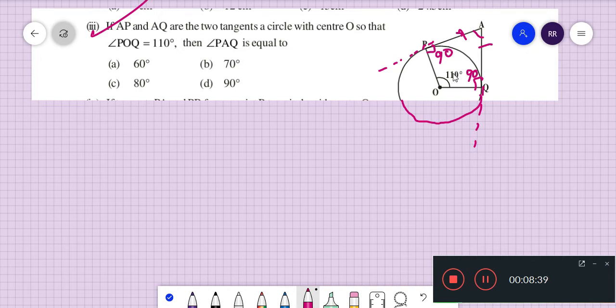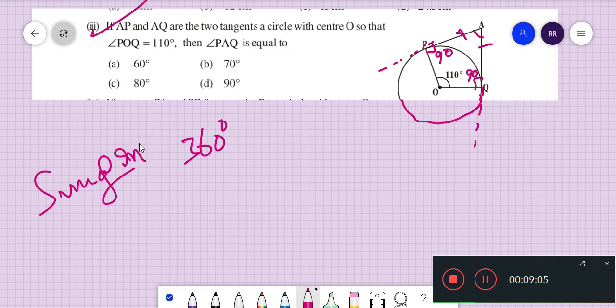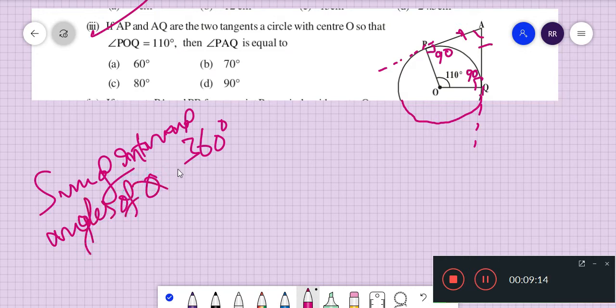So this is the quadrilateral. These are the 3 internal angles. So what is the other angle? In any quadrilateral, the sum of internal angles is equal to how much? The sum of internal angles in a quadrilateral is equal to 360 degrees.